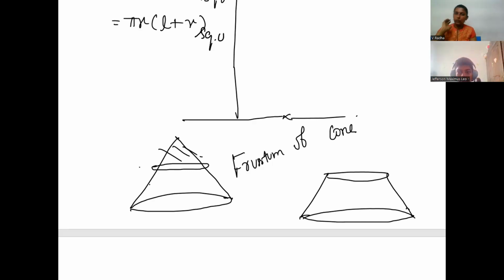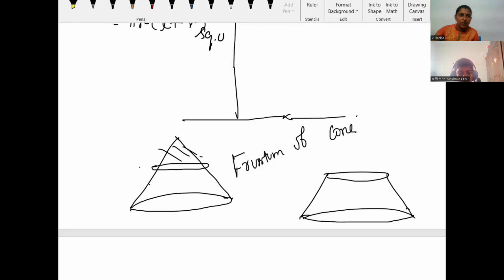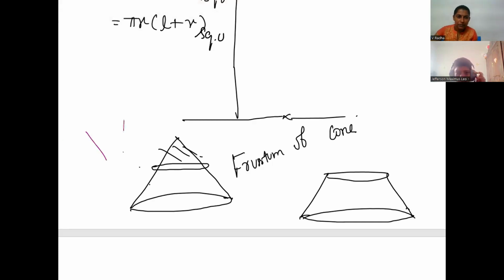Ma'am, we can continue. Okay. Does our bucket look like this shape? Is it correct? Yes, ma'am. This is a good example of a frustum, and a mug also.